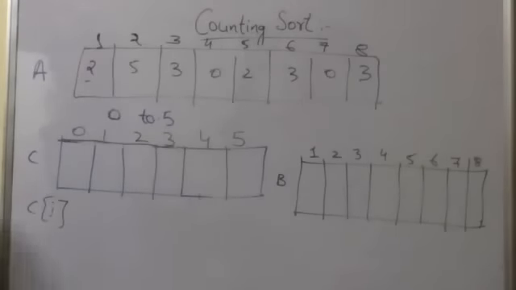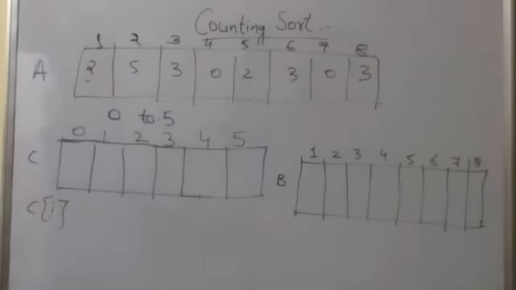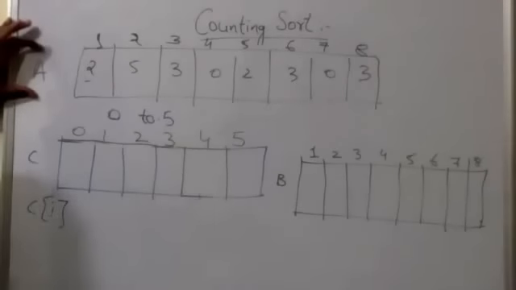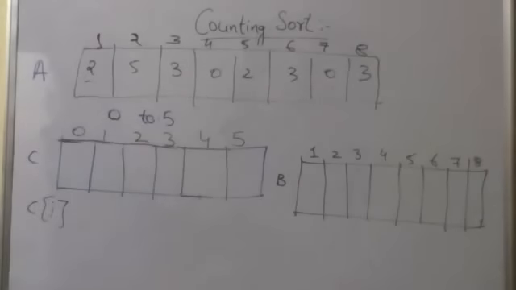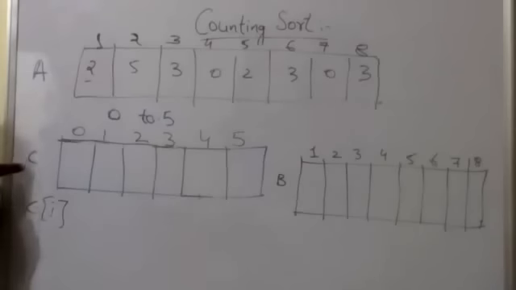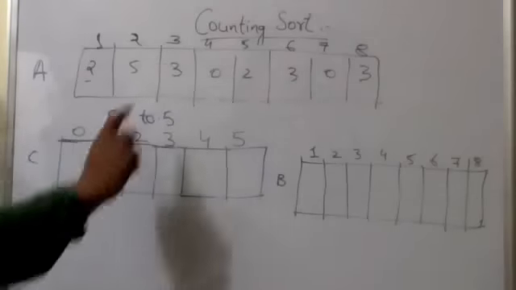For this we will need two arrays, array C and array B. Since the range of integers in array A is from 0 to 5, the array C will hold 6 elements and its indexes are from 0 to 5.